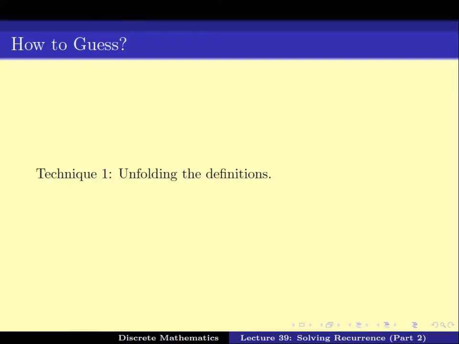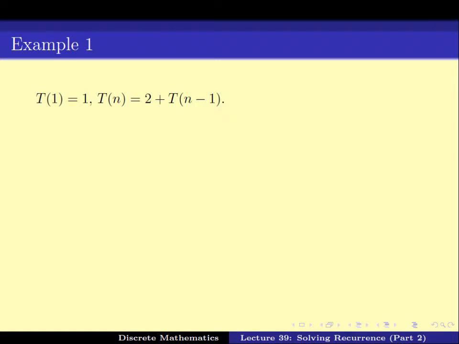So here it is. Technique 1: the idea is just unfolding the definitions. What do I mean by unfolding the definitions? Let's look at some examples and you will understand what I mean by that.